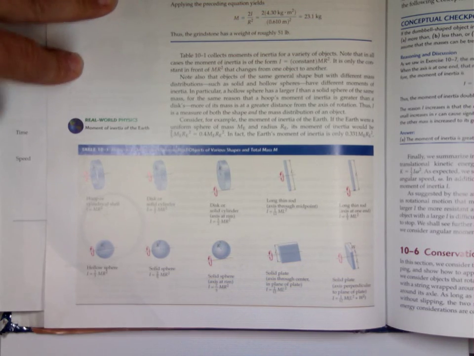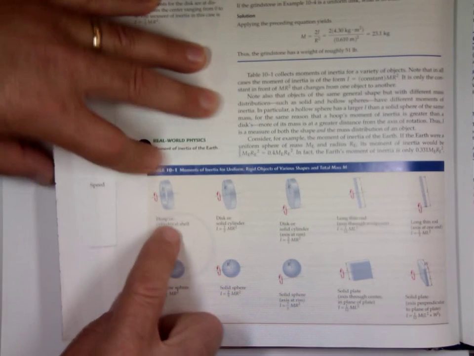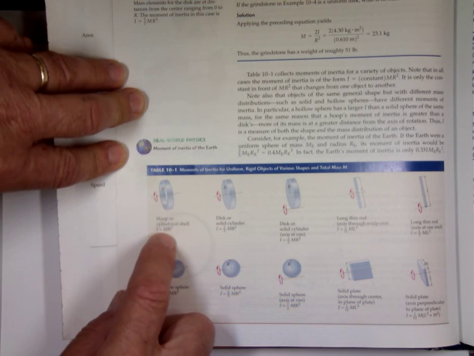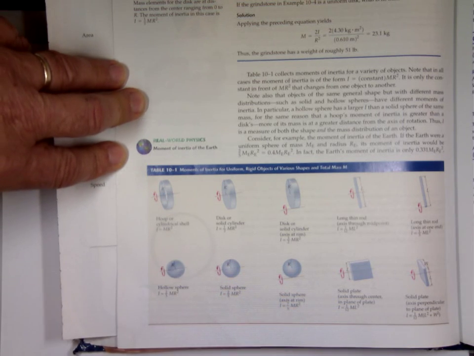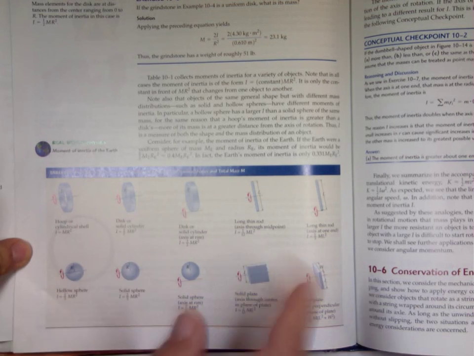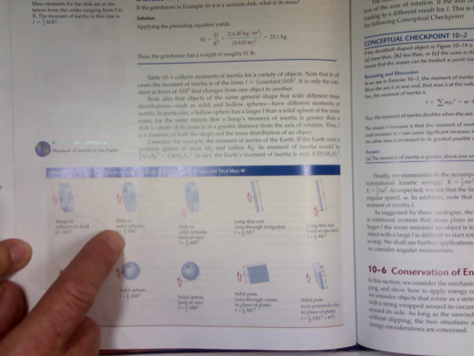If I have a ring, like a wedding band, a hoop, the inertia for that is m r squared. If I have a solid disc, not a hoop, and you're spinning that around the center, the inertia will be 1/2 m r squared.